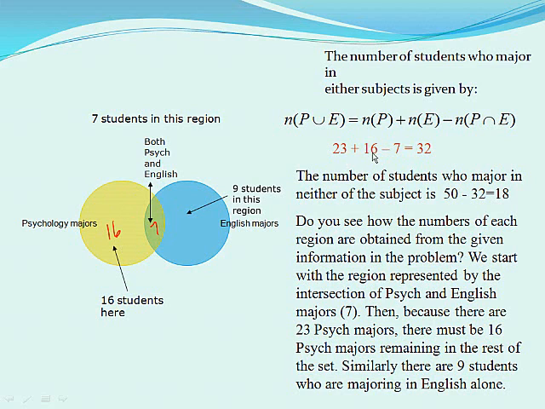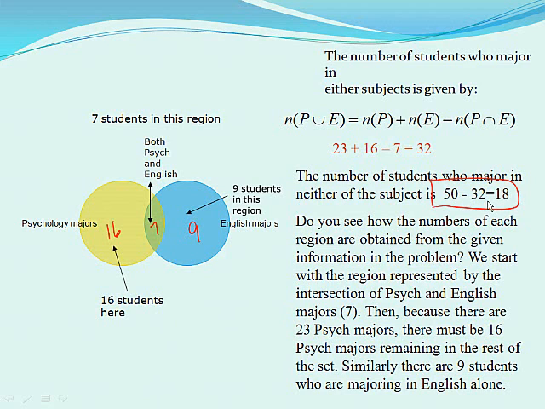And 16 English majors, if we subtract 7 from that, we will get 16 minus 7, which will be 9. So that will be that part. So these 3 numbers will be adding to 32. Remember that there are 50 students in the class. So if we subtract 32 from 50, we are going to get 18 as the answer for the first question.